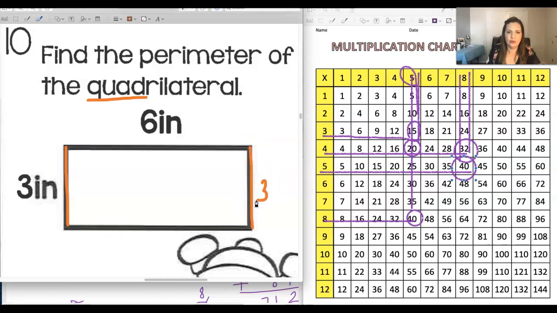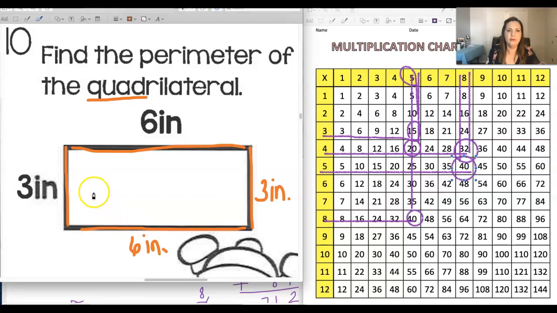The reason I know that is because this particular quadrilateral is a rectangle, and I know that in a rectangle, the lengths are the same and the widths are the same. So if this side then also is 6 inches, that means this side will also be 6 inches.